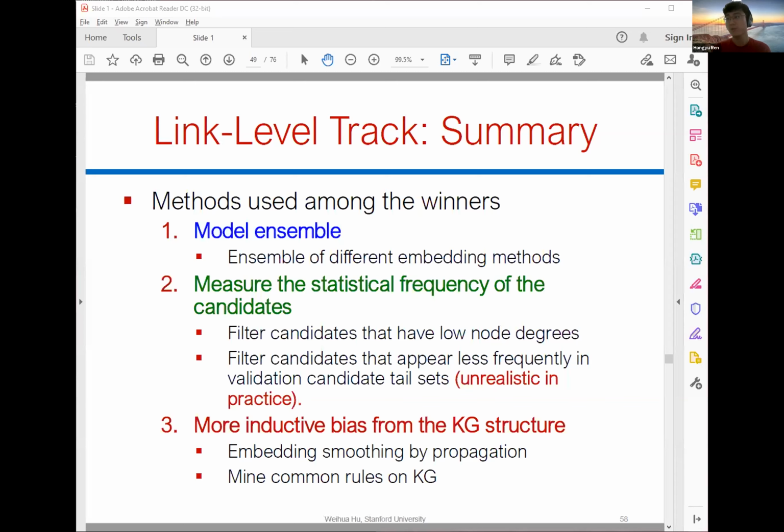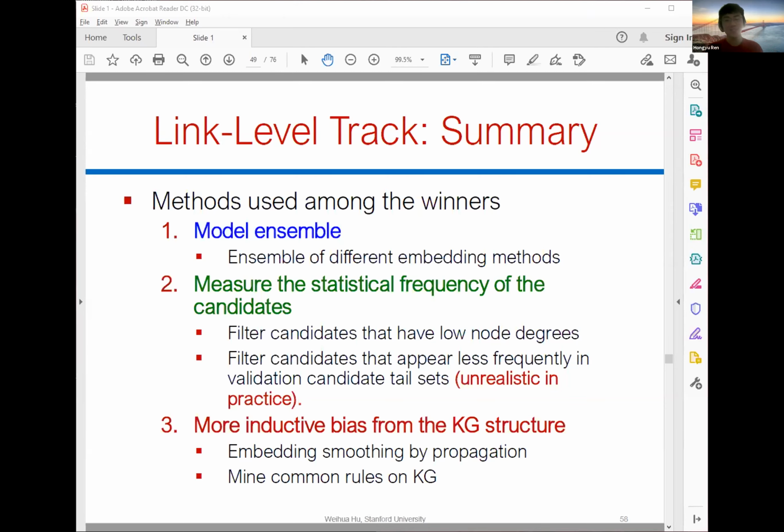Right, so here I would like to do a summary. Basically, the 3 insights that are shared across the winner methods are, first, that an ensemble of different embedding methods really works and can indeed increase the performance. So the first takeaway is that it is always useful to try ensembles as long as you have enough computing resources.